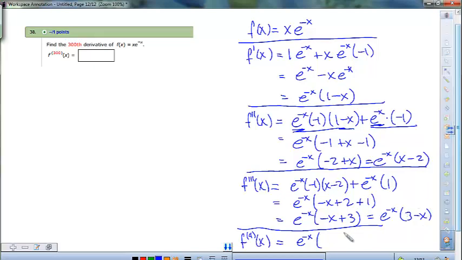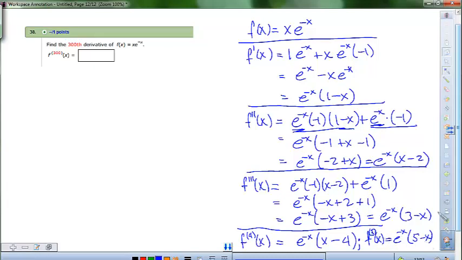So it looks like for this one we have a 4 and an x, but it'll probably be in a different order, x minus 4. And then you can probably guess that the fifth derivative is equal to e to the negative x, and then 5 minus x.